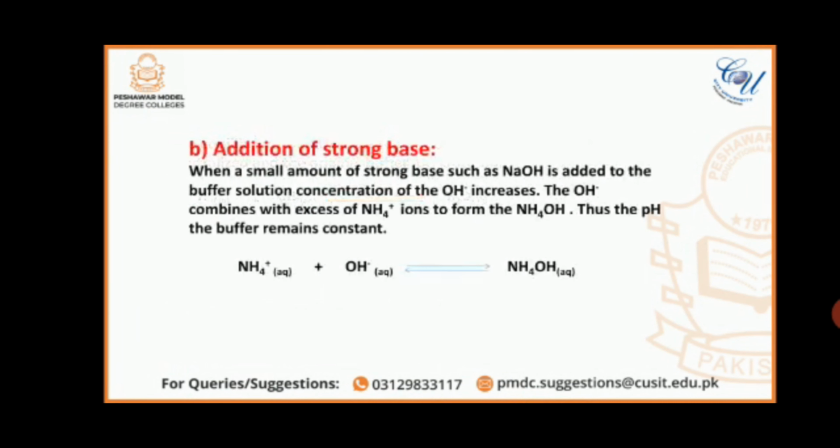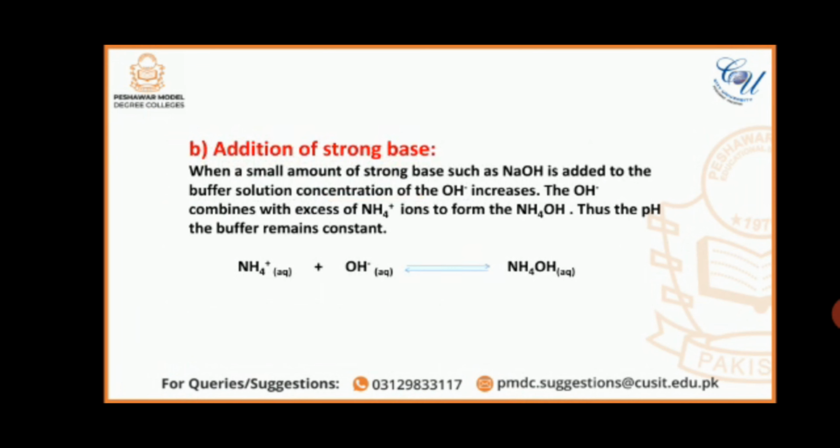Addition of strong base. When a small amount of strong base such as sodium hydroxide is added to a buffer solution, the concentration of hydroxide ion increases. The hydroxide ion combines with the excess of ammonium ion to form ammonium hydroxide.